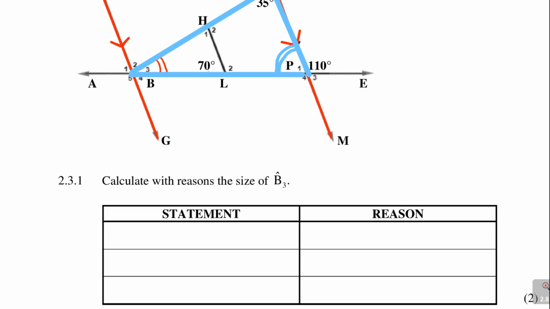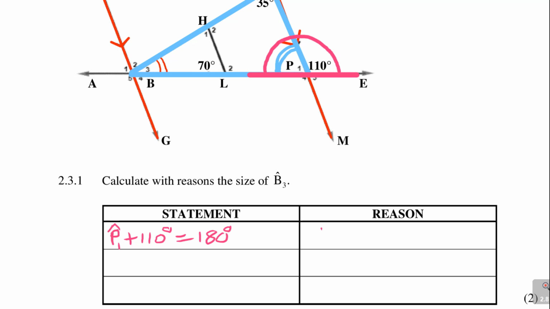Now P1, if you notice, is on a straight line. You see P1? There is a straight line. So what is the sum of angles on a straight line? It's 180. Remember, here you're going with statement and reason. You can say angle P1 plus 110 degrees is equal to 180.